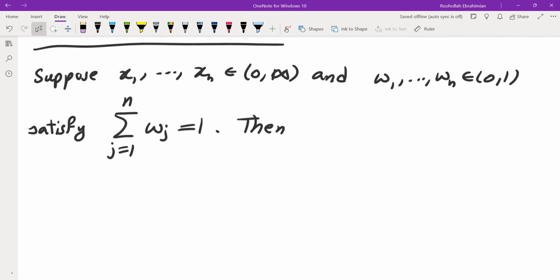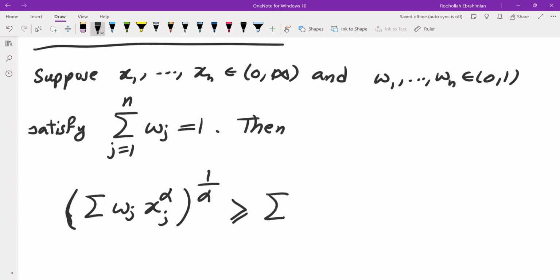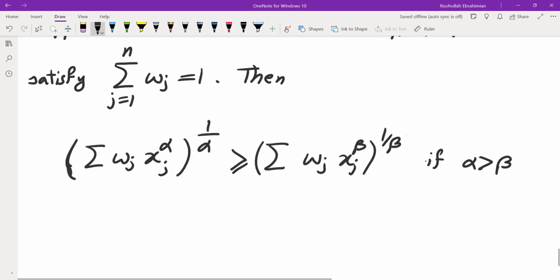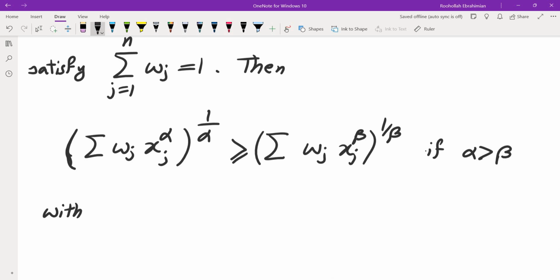If you look at this function, (sum of wj xj^alpha)^(1/alpha), this is going to be an increasing function. This is going to be greater than or equal to (sum of wj xj^beta)^(1/beta) if alpha is greater than beta, with, of course, alpha and beta cannot be 0.